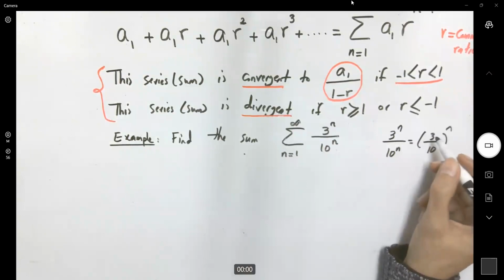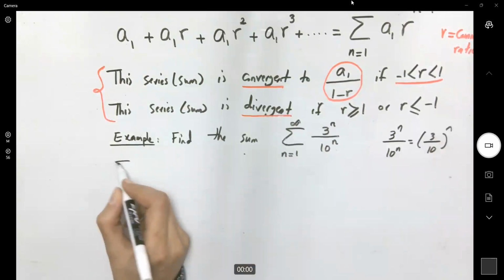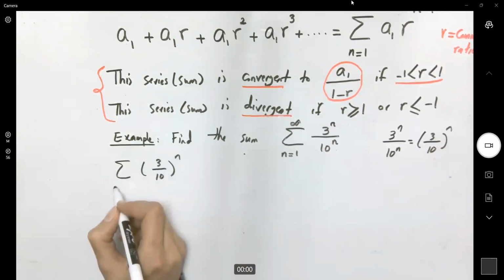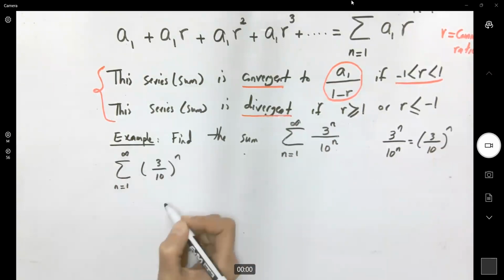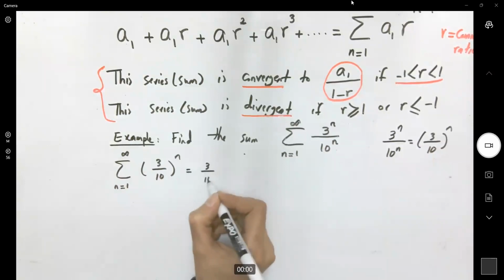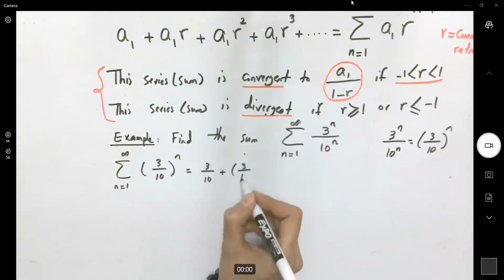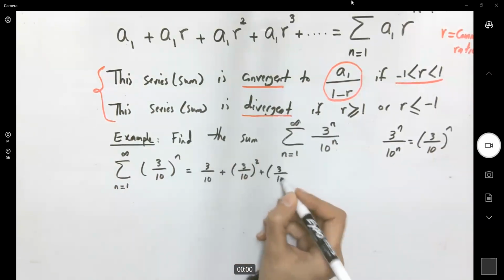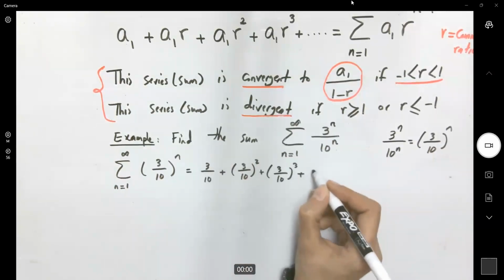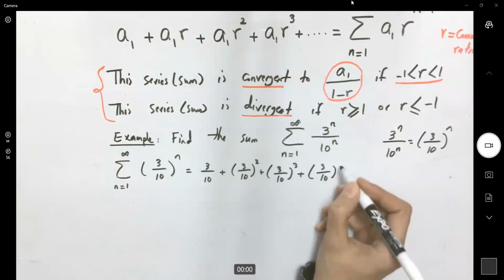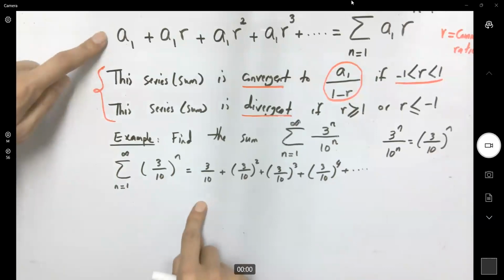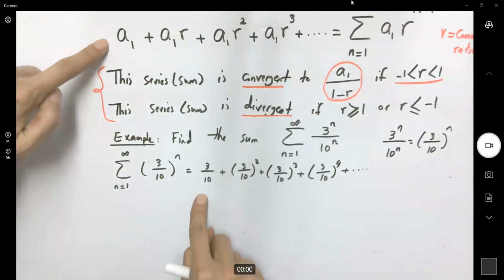Well, take a look at this. So this series becomes the sum 3 over 10 to the n and starts from 1 to infinity, which is 3 over 10 plus 3 over 10 squared plus 3 over 10 to the third plus 3 over 10 to the fourth plus the rest of the terms. Compare your series with the definition.